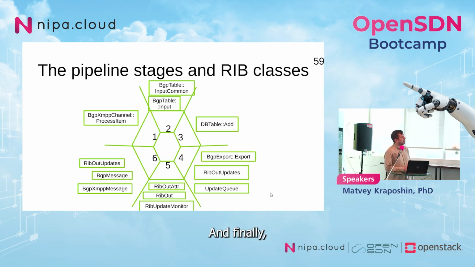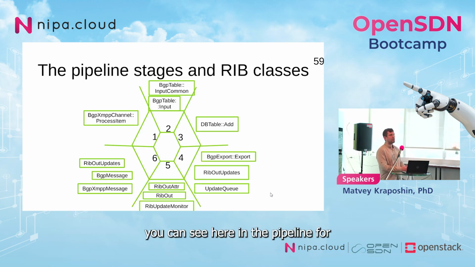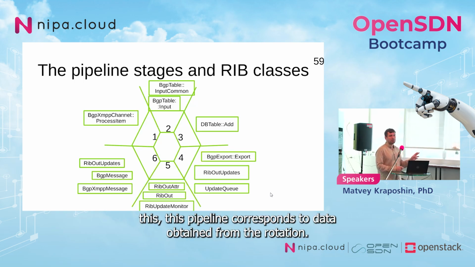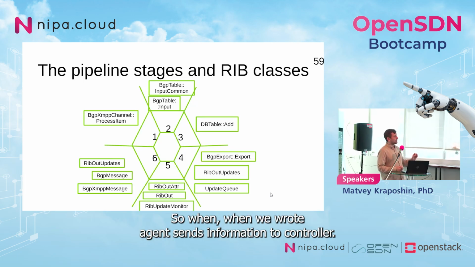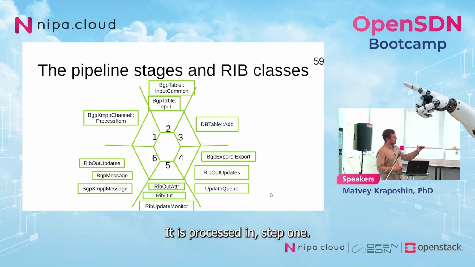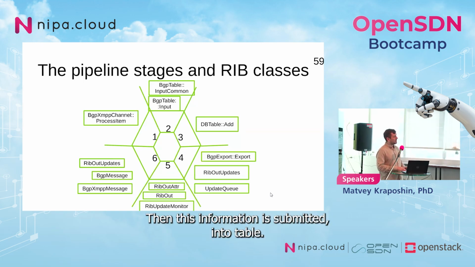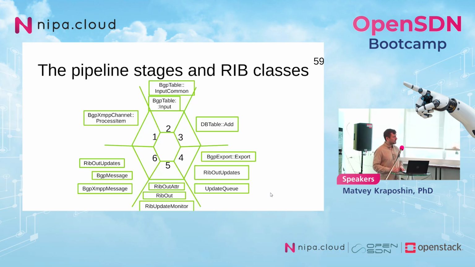And finally, you can see here the pipeline for processing of route information in controller. This pipeline corresponds to data obtained from the route agent. So when the route agent sends information to controller, it is processed in step 1. Then this information is submitted into a table.